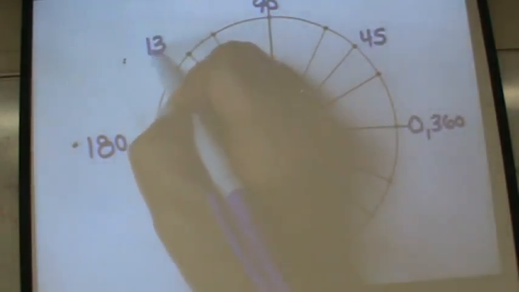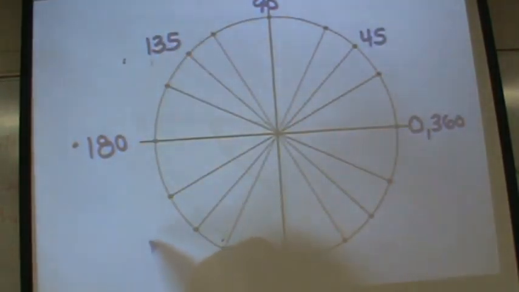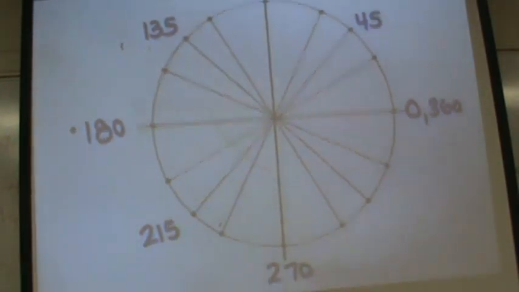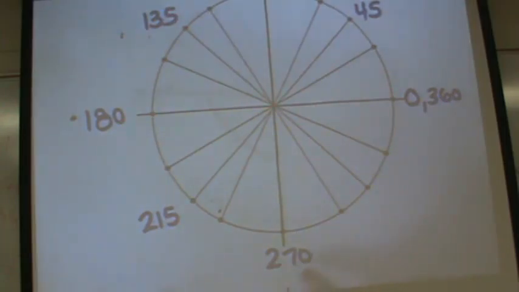I do my 45s. I add 45. And I remember that my 45s have a 5 in them. And I just keep adding 45s. 225, and that would be 315.